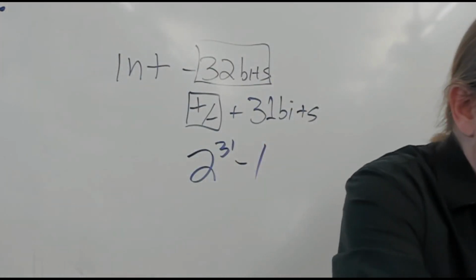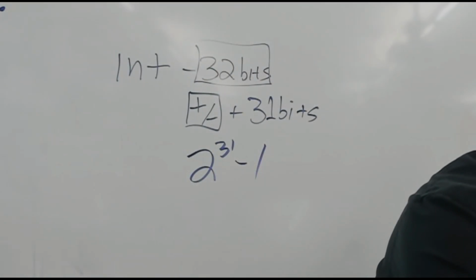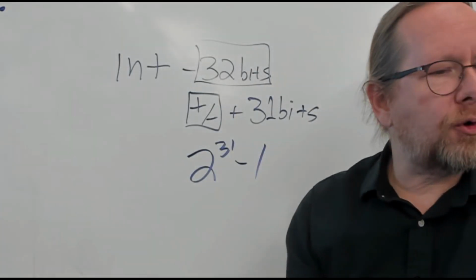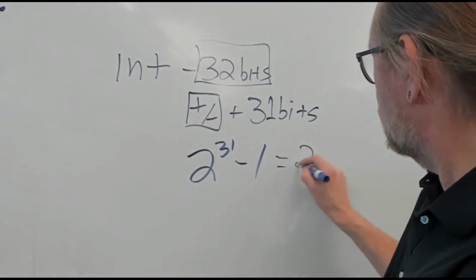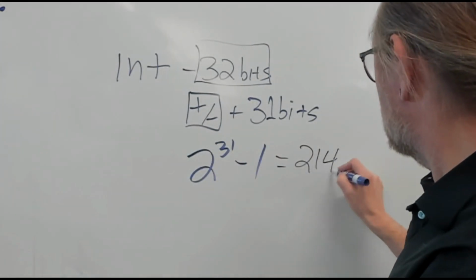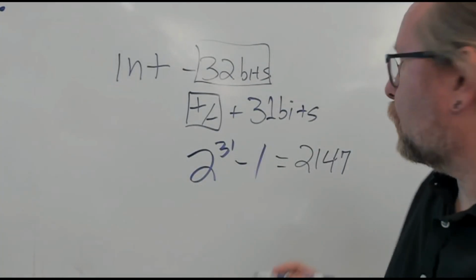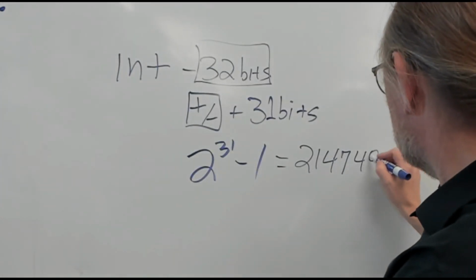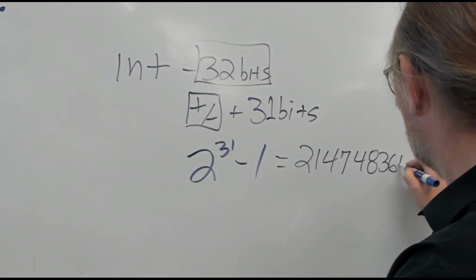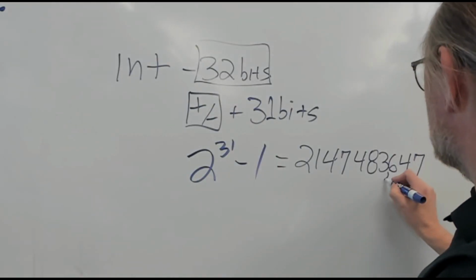I'm just going to go to my calculator here really quickly and type in 2 to the 31st power. It's 2,147,483,648, and then if I take away 1, I get 2,147,483,647.